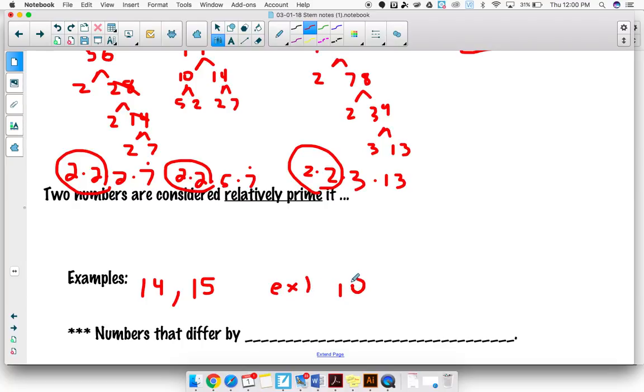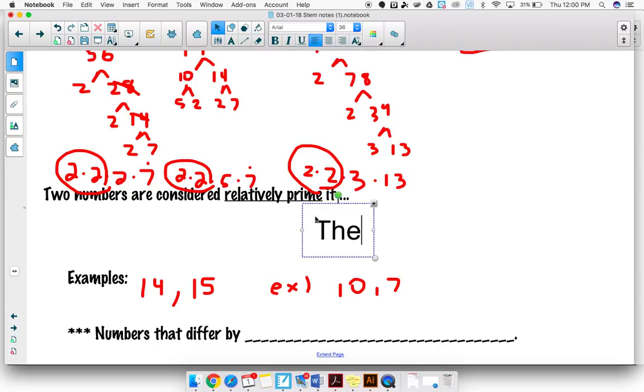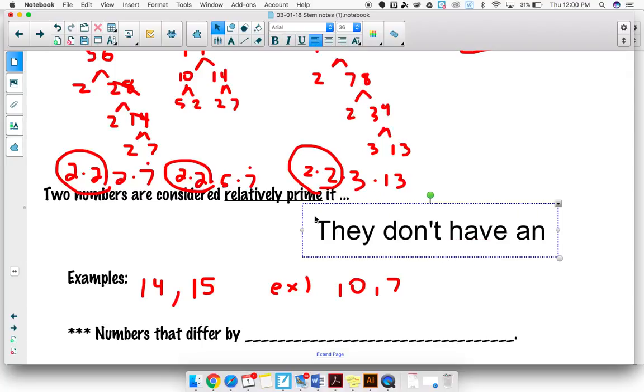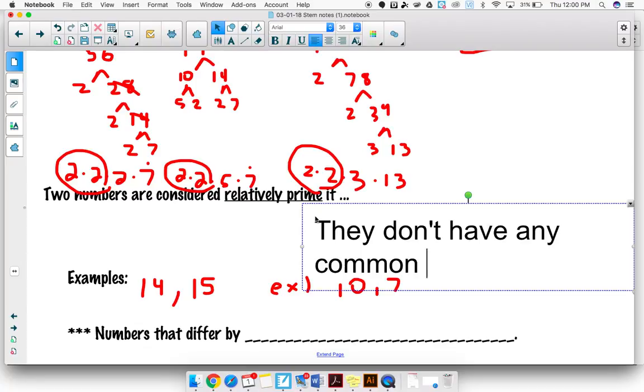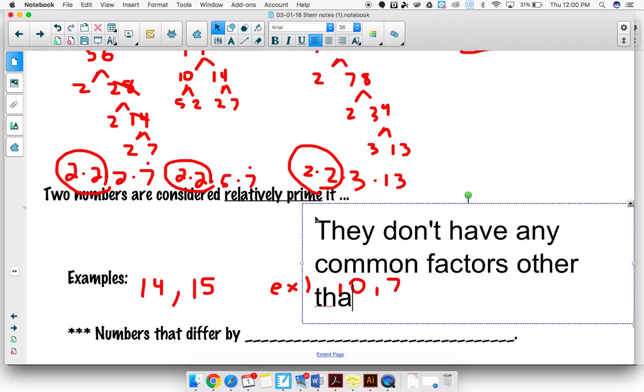They don't have to both be prime numbers. They just can't have anything in common other than a factor of 1. So I'm going to say two numbers are considered relatively prime if they don't have any common factors other than 1.